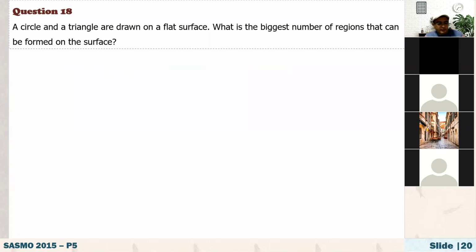Okay. Fikri, read the question. Let's continue. Okay. A circle and a triangle are drawn on a flat surface. What is the biggest number of regions that can be formed on a surface? Did you ever try this question before?